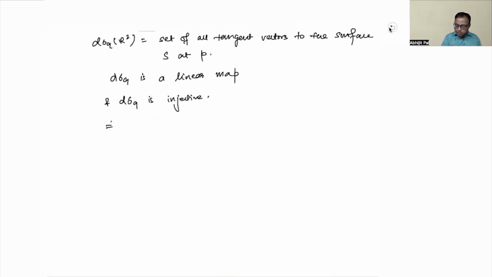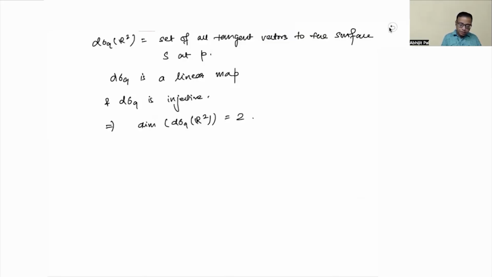So this implies that the dimension of this subspace d sigma q of R2 is equal to 2. Therefore we have proved the proposition. So the set of all tangent vectors forms a subspace of R3 of dimension 2.